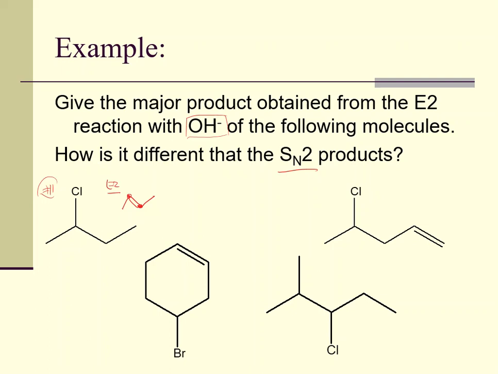Now let's take a look to the one on the right. I'm going to redraw it. Go there. Well, if this is elimination, because they tell me, I'm going to eliminate the halogen, I'm going to eliminate that bond, and I'm going to have to draw a double bond somewhere. Do I go left or do I go right? And you're going to tell me you go right-handed. Why?